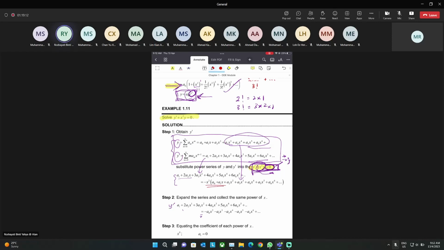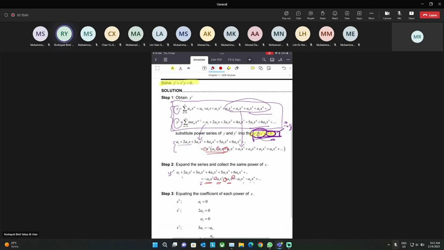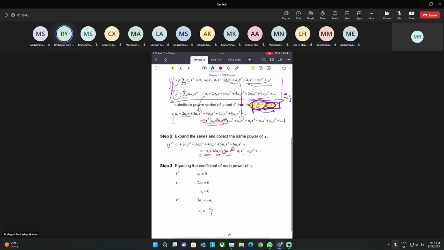So it starts A naught, negative A naught x squared, plus minus, so negative A1 x cubed, then negative again A2 x to the power 4 and so on. Same. Okay.